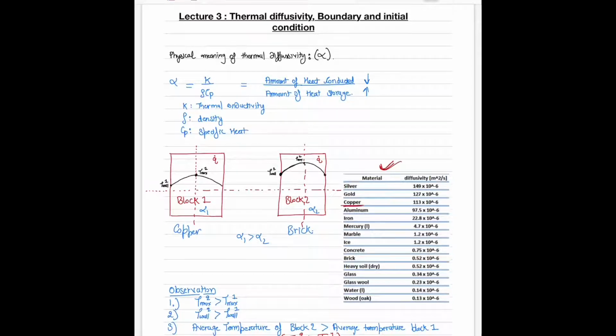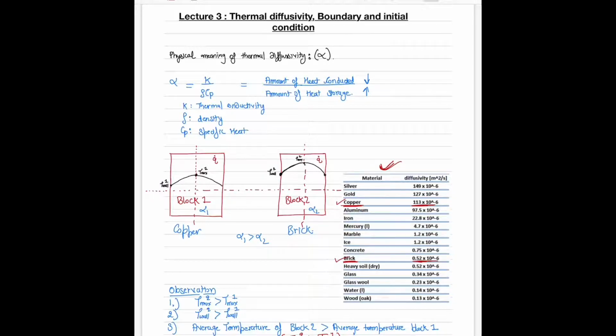From the table here, we can see copper has a thermal diffusivity of 113 into 10 raised to the power minus 6 and brick has 0.52 into 10 raised to the power minus 6. So the thermal diffusivity of copper is much higher than that of brick.